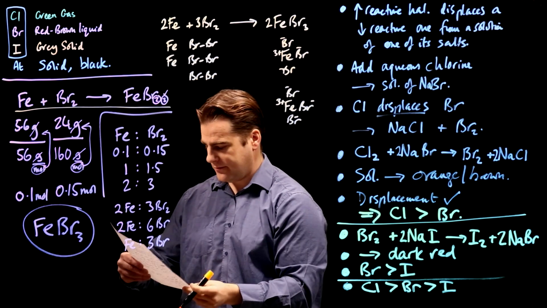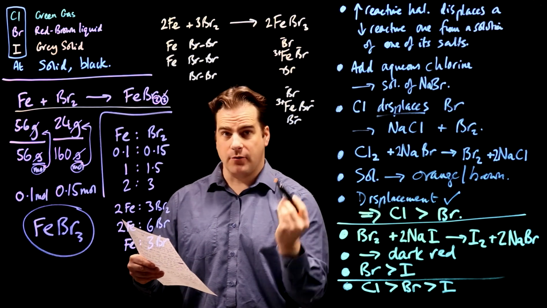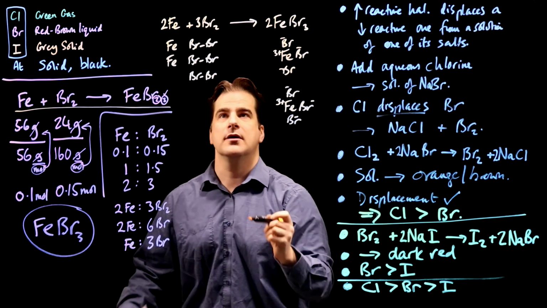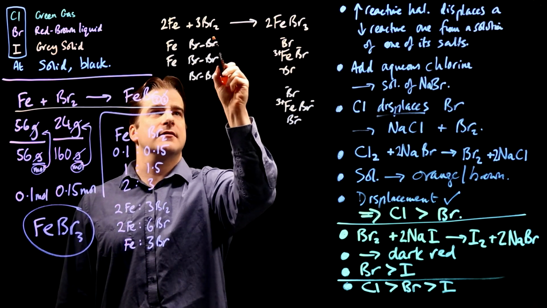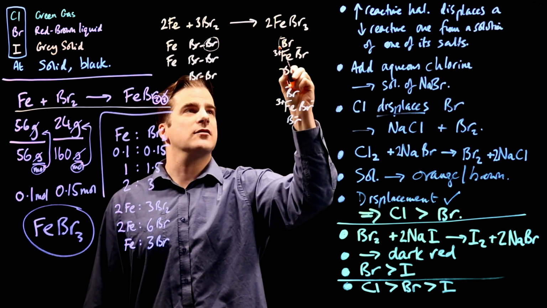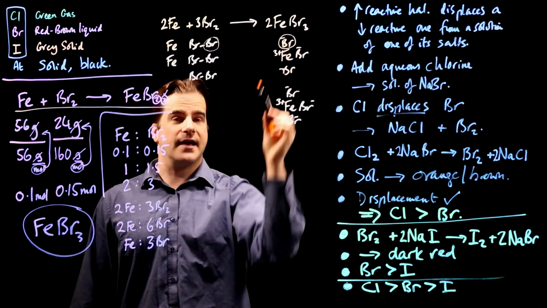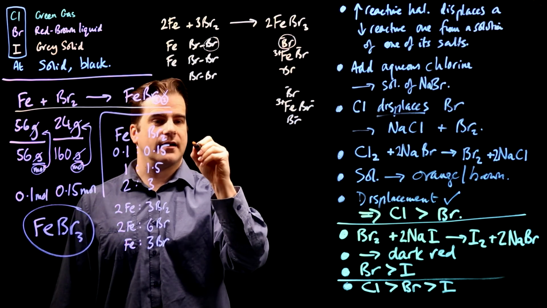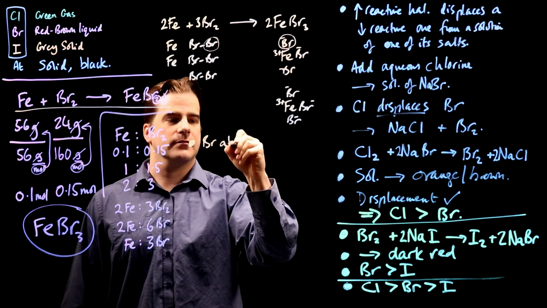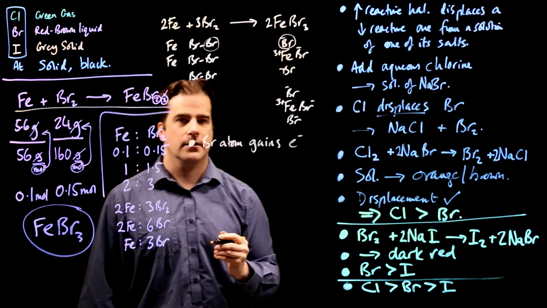So the question said, explain the type of reaction the bromine atoms, doesn't matter about the iron, it's only 2 marks, the bromine atoms undergo. Well, here, that bromine atom is uncharged, okay? But here, it's got a -1 charge, okay? So that means it's gained an electron. So say that. Say the bromine atom gains an electron, okay?